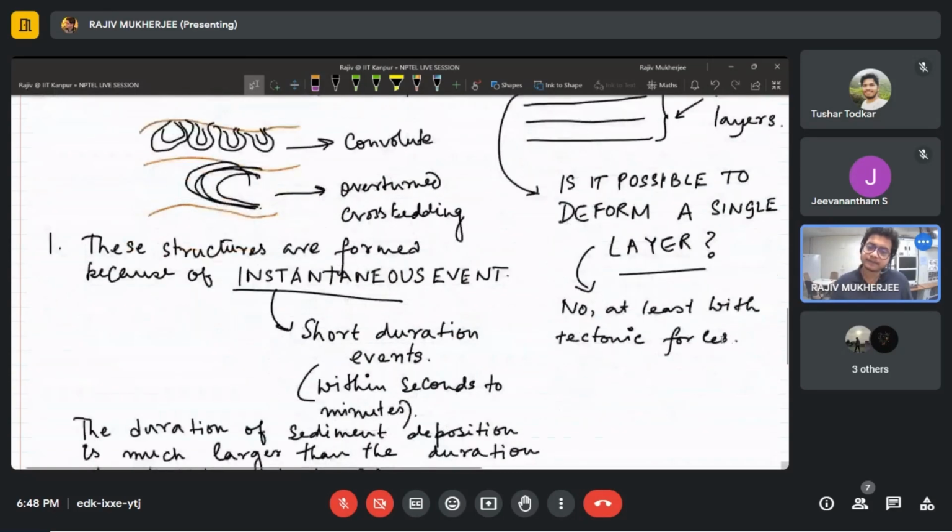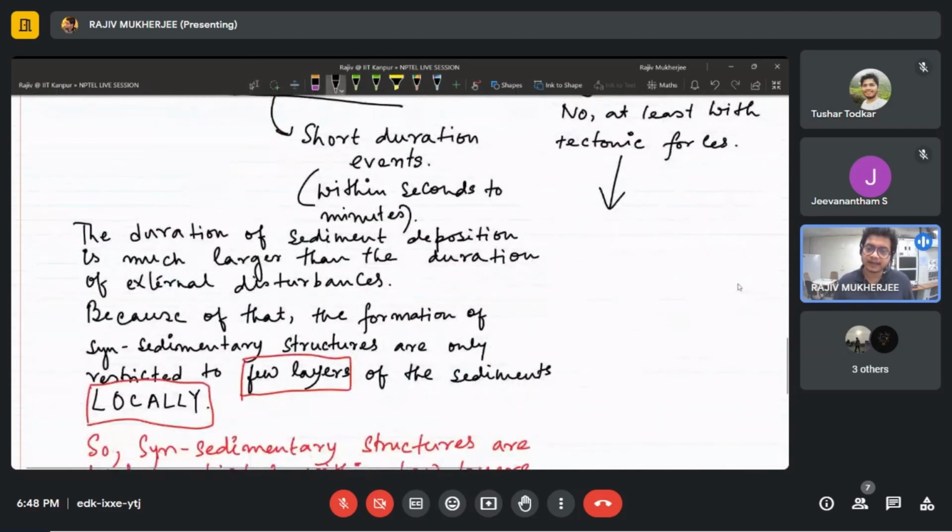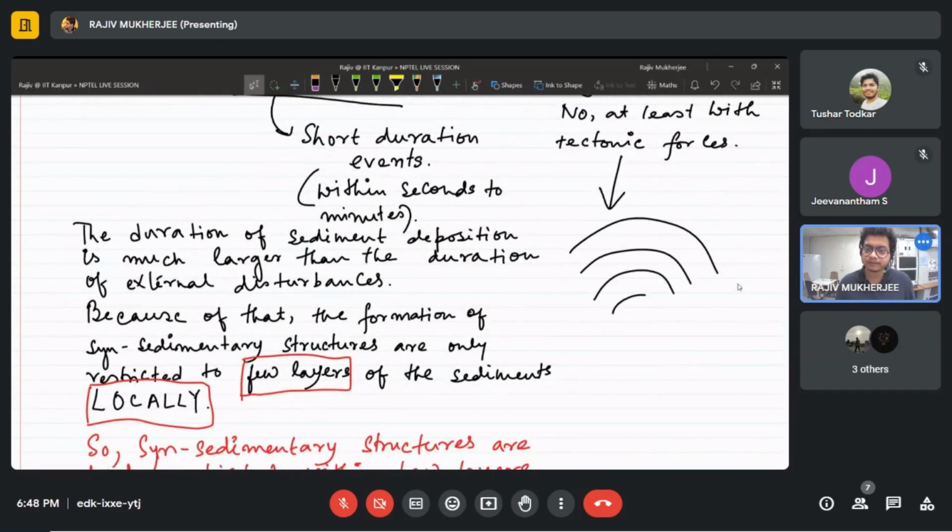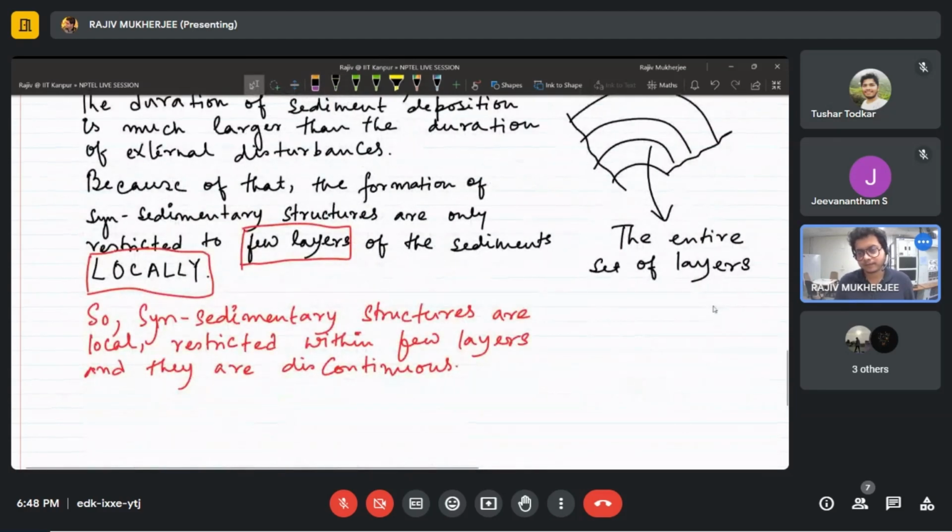Then what happens? The entire set of layers, all the layers are folded, they're buckled. The entire set of layers has to fold, right?